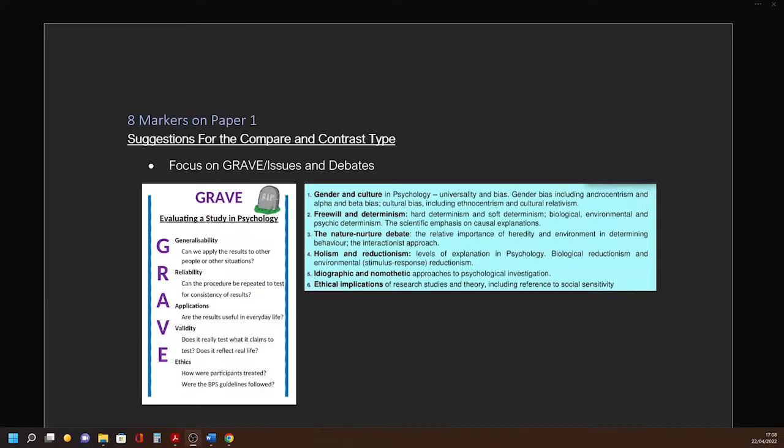Your 8 markers come in 2 types. The most common one at the beginning of the series, when this syllabus started, was just compare and contrast. So compare this study, giving 2 similarities or 2 differences, or a similarity and a difference, between study X and study Y. They changed the question a little bit as the years progressed.